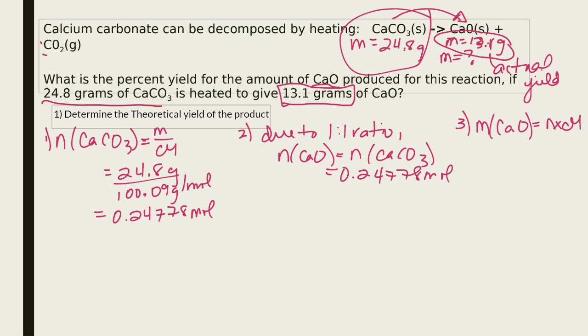So we're going to take moles times molar mass. We have 0.24778 moles. And we're going to multiply that by a molar mass of 56.08 for my calcium oxide. And when I do this, I get a final mass or a theoretical yield of 13.9 grams.